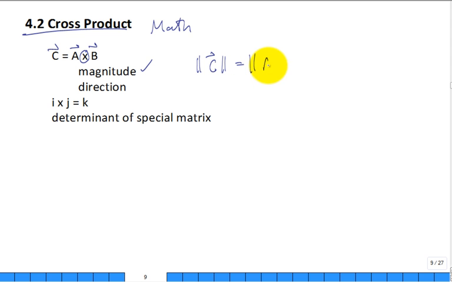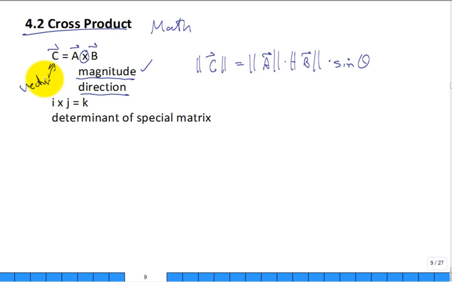The magnitude of A times the magnitude of B times what? Sine of the angle in between them. And you know what? That looks a lot like the dot product, doesn't it? But that was the cosine. But we get both the magnitude as well as the direction. We get a vector resultant. Did the dot product give us a vector resultant?